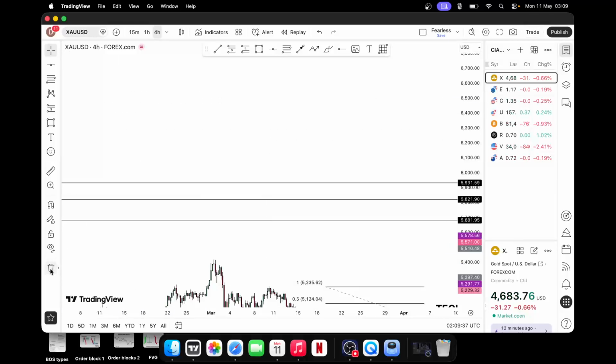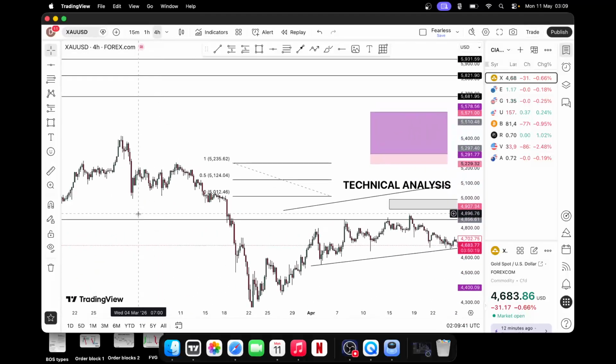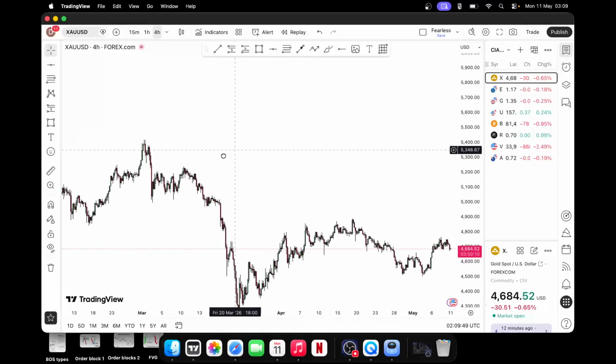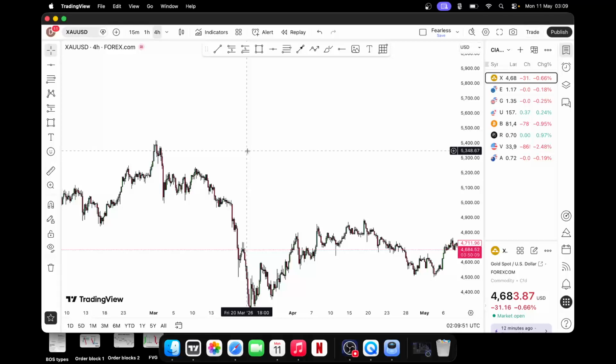If you want to delete all the drawings you've drawn on your chart, you can see delete or eraser here. You can remove all the drawings. Same thing for phone too. Phone is even very, very easy to analyze on. So that is that about that.